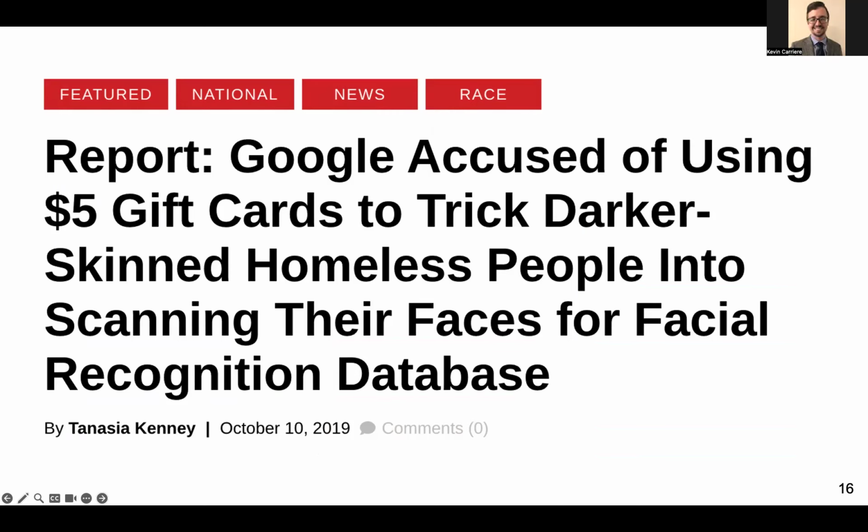So we have this example as well from 6 years ago, where Google was trying to test its new AI, which at this point, LOL. But they were trying to develop some facial recognition.